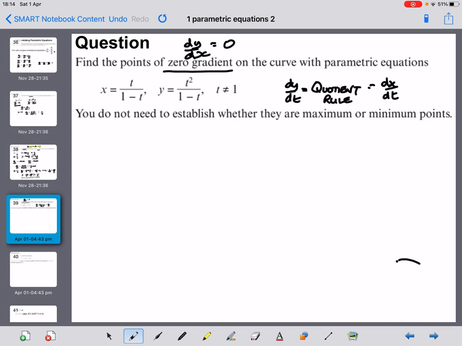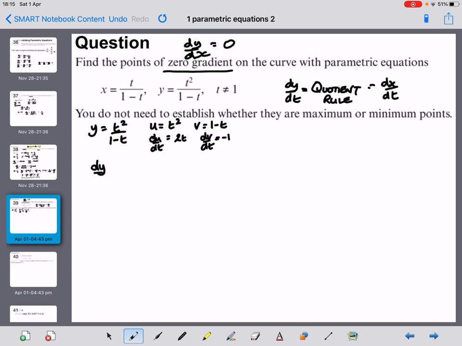So if I do y first, y equals t squared over 1 minus t. So I'm going to let u equal t squared, v equals 1 minus t, du by dt equals 2t, dv by dt equals minus 1.